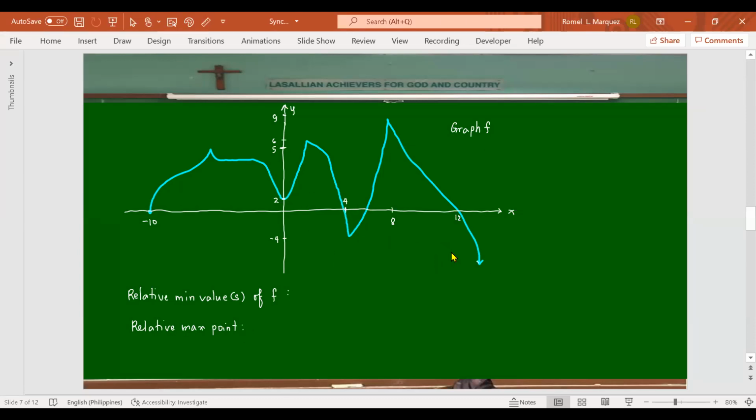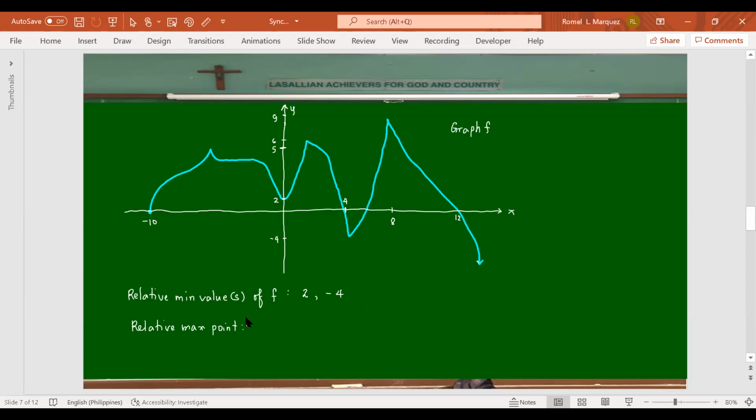Look at the graph. Do you see the graph? What are the relative min values of f? Positive 2. What else? Negative 4. Negative 4. Any more?